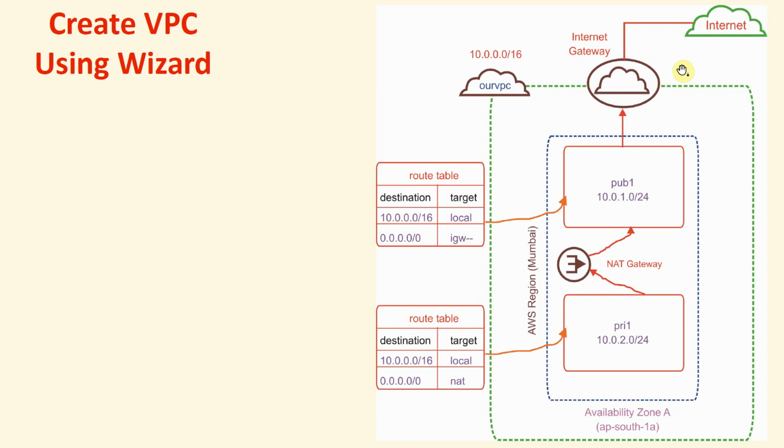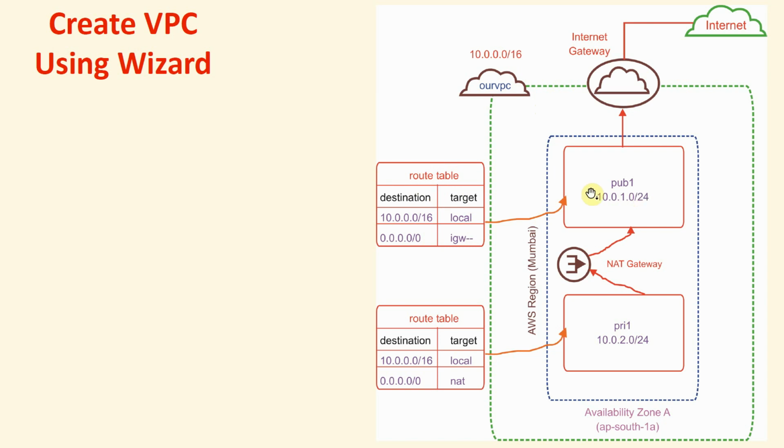That means when we created that, one public 1 subnet will get created, one private subnet will be there. Now we will see whether it has created the route table according to what we have specified in the diagram.